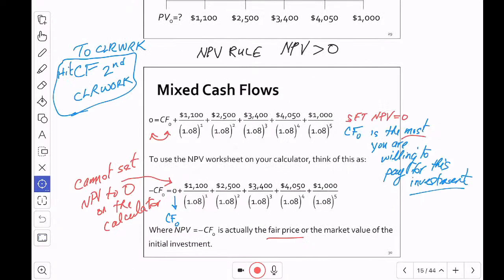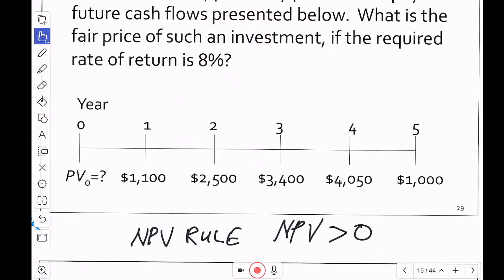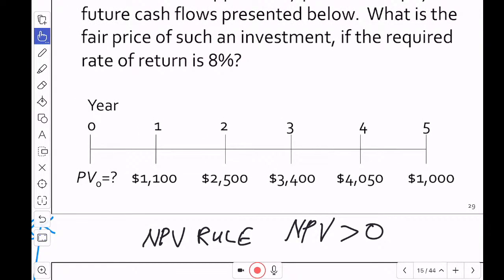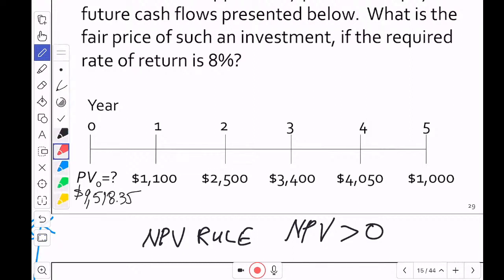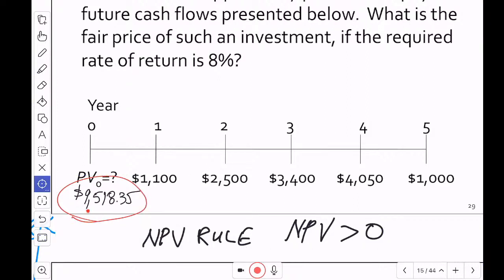So back to the timeline for a moment. So back to this timeline. Let me make it big. So investing this amount today earns you this in the future.